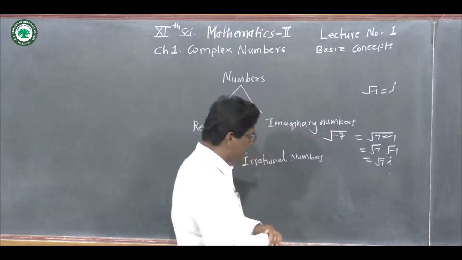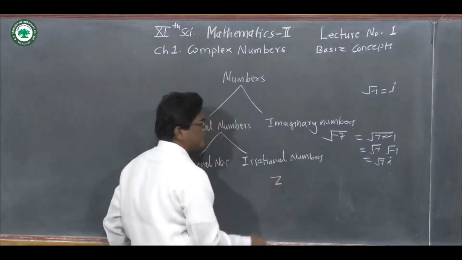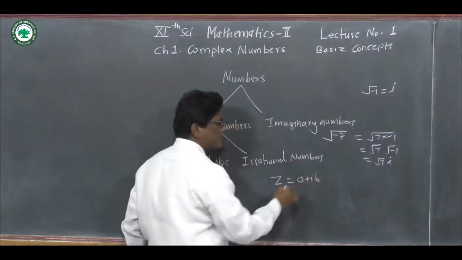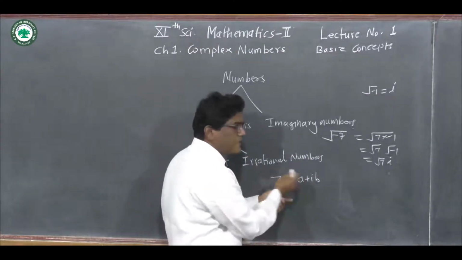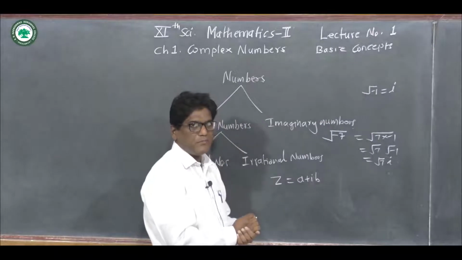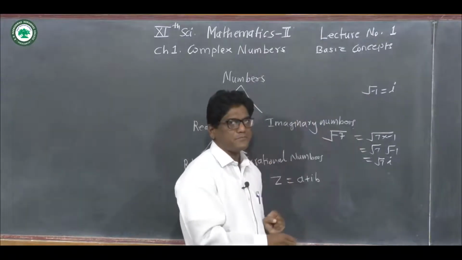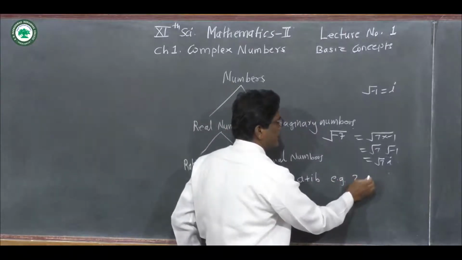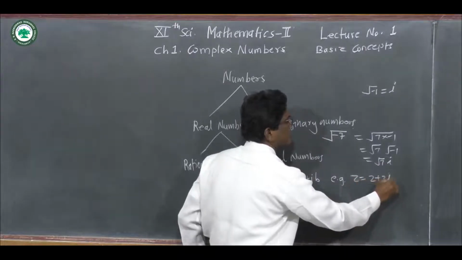Now a complex number, suppose we denote it as Z, is equal to a plus ib. Here a and b are real numbers, and i is root of minus 1. For example, Z is equal to, suppose, 2 plus 3i.